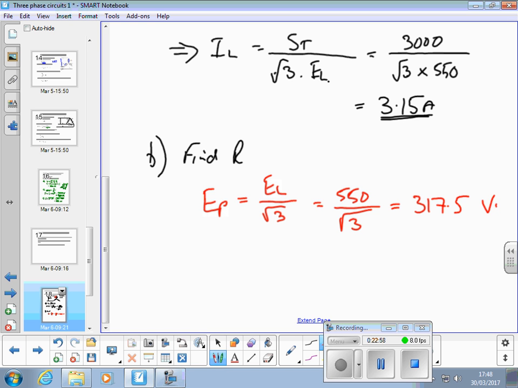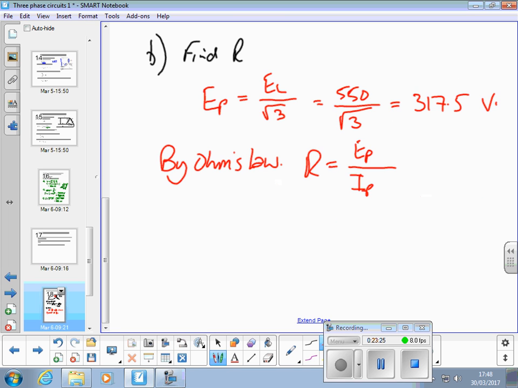Then we can go by Ohm's law. R is equal to E phase over I phase.